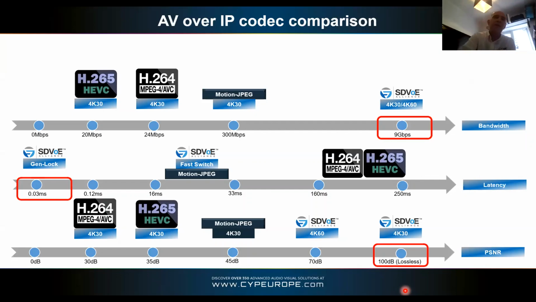And then you have your peak signal to noise ratio. So again, think about the more decibels in the system, whether that is audio or video, or in this case both, the more decibels you have in the system, the higher it is above the noise floor. So whether you're talking about audio noise, like a hum you get from an audio system, or video interference noise, these are all, in technical terms, at 0 dB. So all of this noise is hovering around there. So the more decibels you are away from this noise floor, the cleaner the signal is.